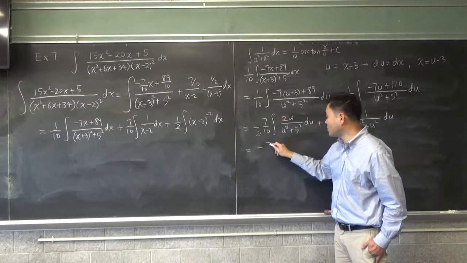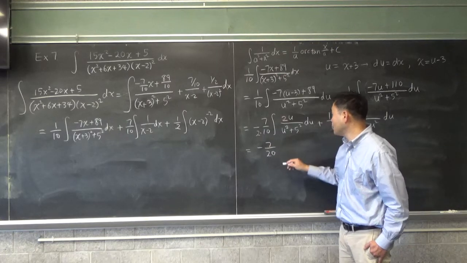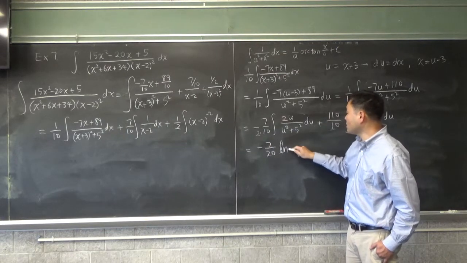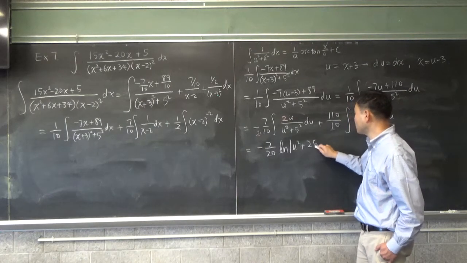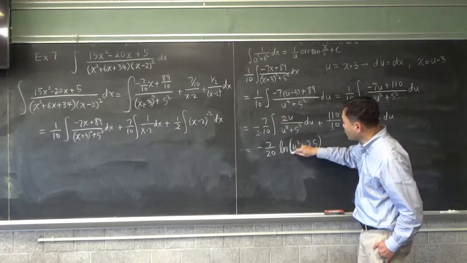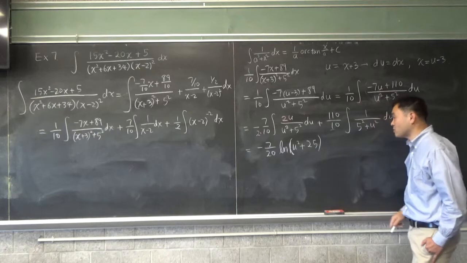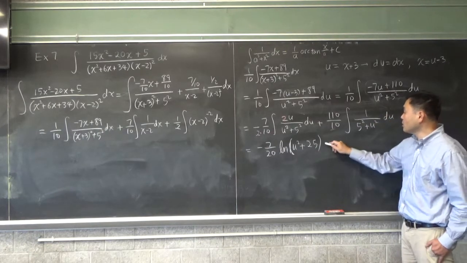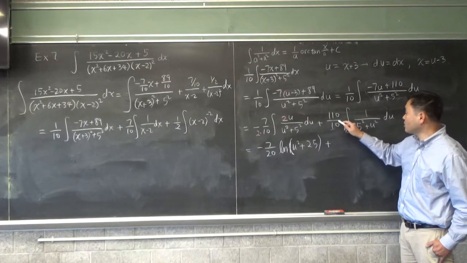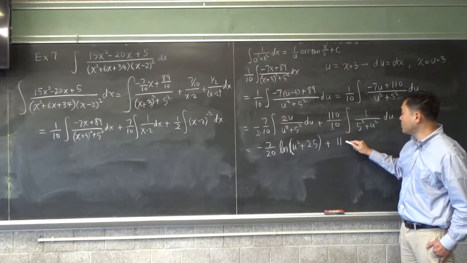So it'll be negative 7 over 20 times ln of the denominator. I'll just put 25. And by the way, because u squared plus 25 is always positive, we don't need the absolute value. Plus, this is just 11.